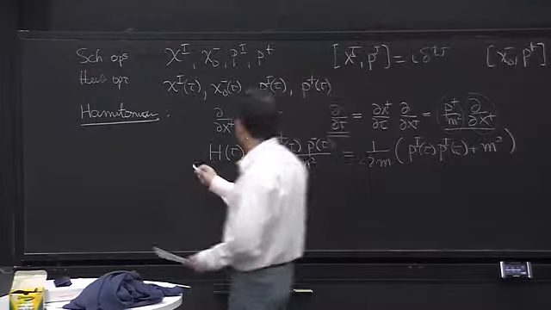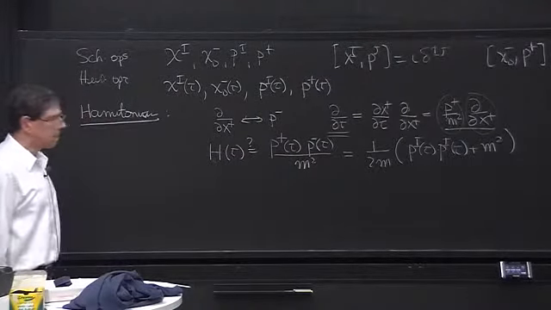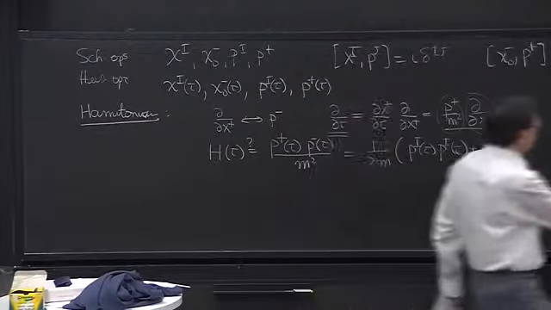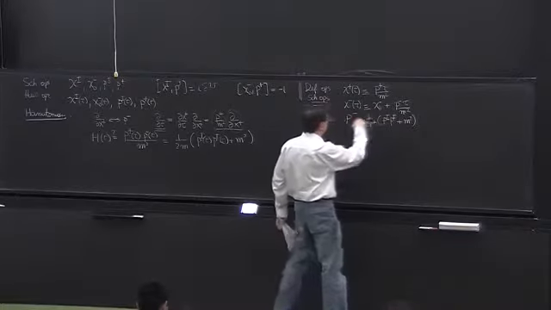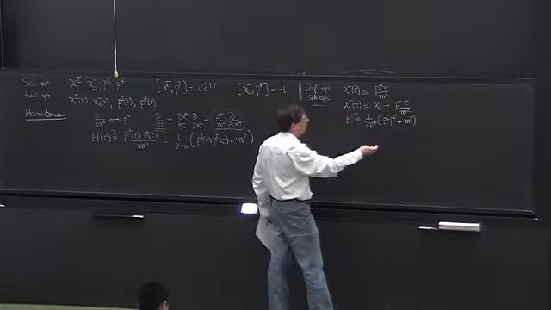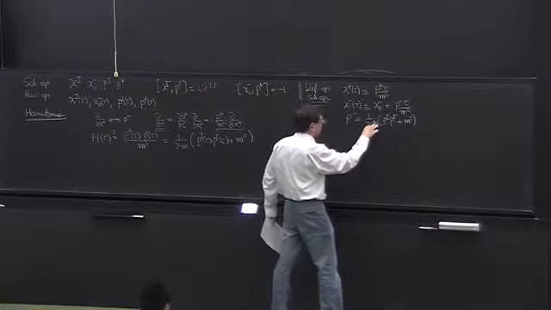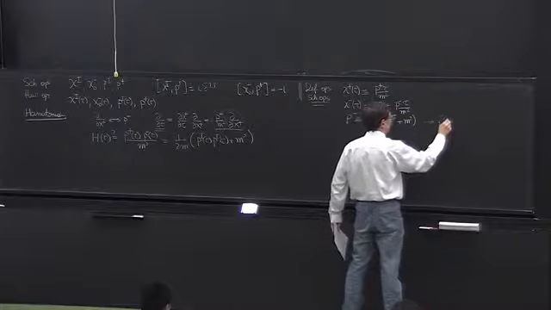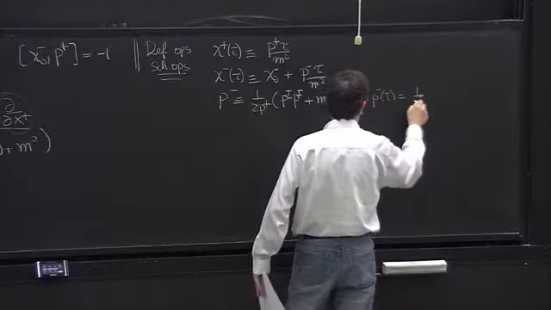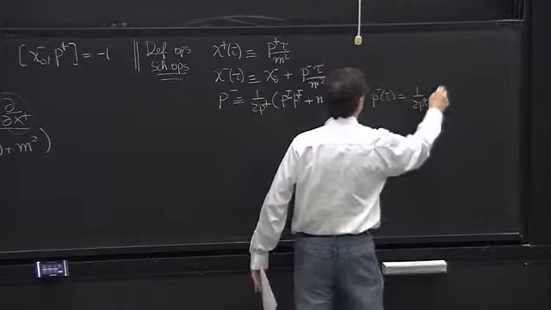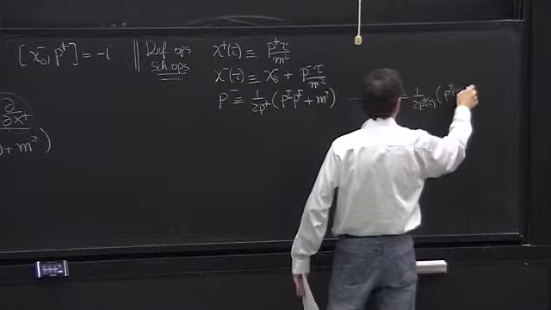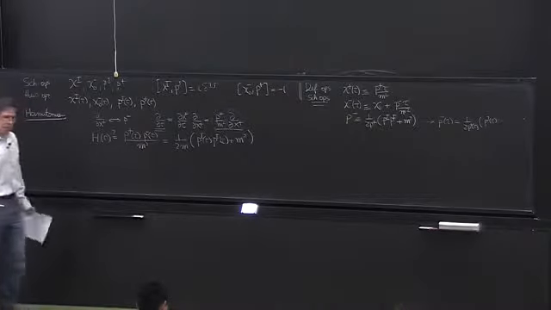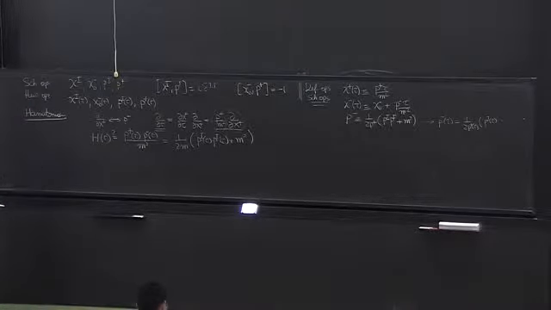We're doing Heisenberg Hamiltonians. Whenever you have a product of Schrödinger operators, the Heisenberg operator is the product of the corresponding Heisenberg operators. So from here, you would have that p minus of tau is equal to 1 over 2p plus of tau times pi of tau squared plus m squared. So here is our guess, and let's see if it does anything right.